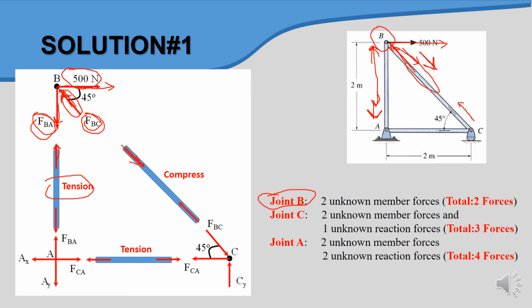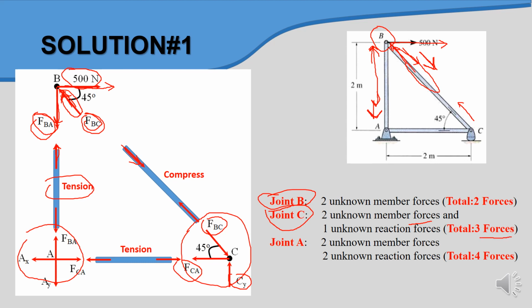For joint A and joint C, we will produce free body diagrams something like this and something like this. At joint C, we have 2 unknown forces, FBC and FCA, and we also don't know the reaction force CY.